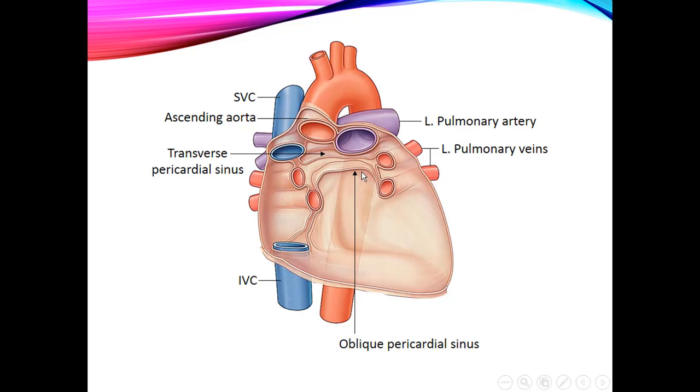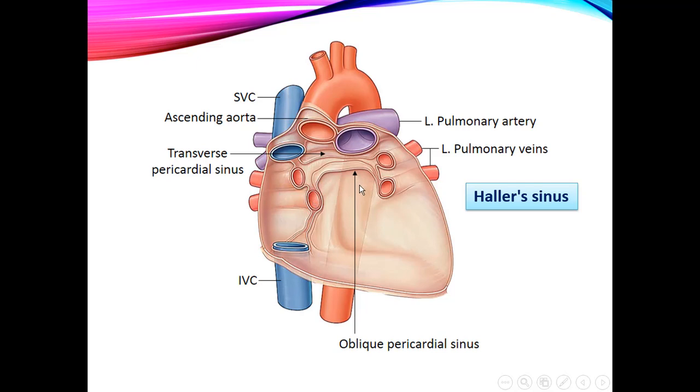One sinus is located among the pulmonary veins and is called the oblique pericardial sinus or oblique pericardial recess. It's also called Haller's sinus, another name for the oblique pericardial sinus.